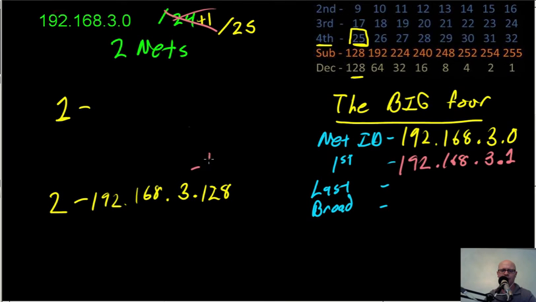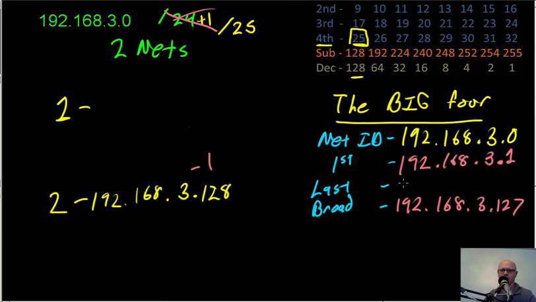If we subtract 1 from that, that's .127. And then our last usable is our broadcast minus 1.